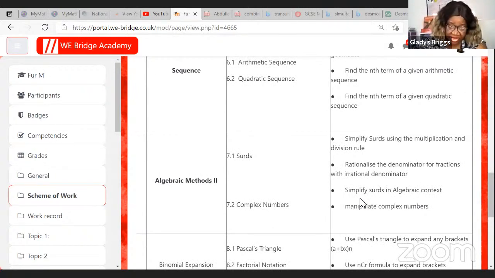So simplifying surds, using the multiplication and division rule, rationalizing the denominator, working with algebraic surds, and manipulating complex numbers, okay?